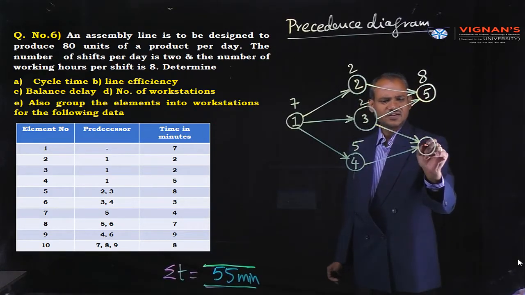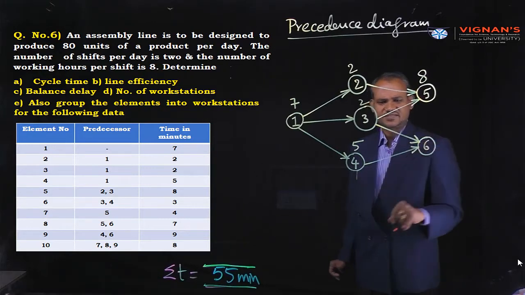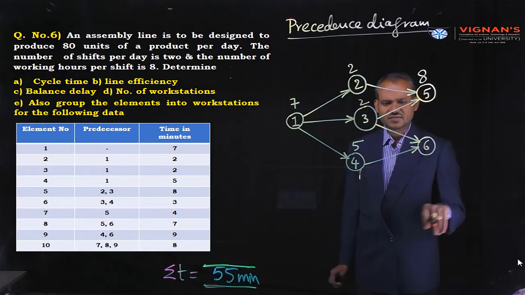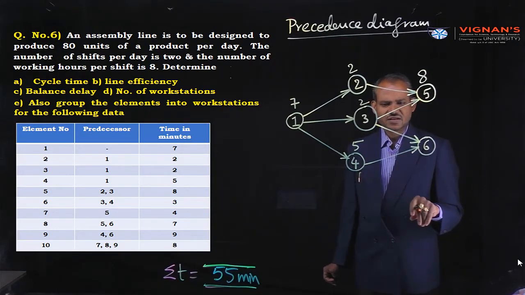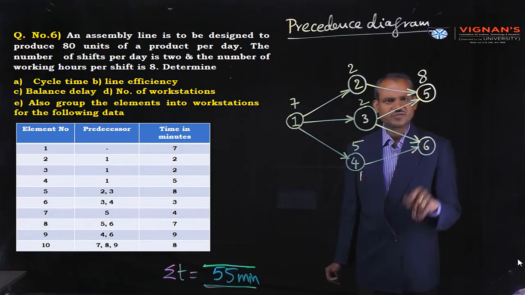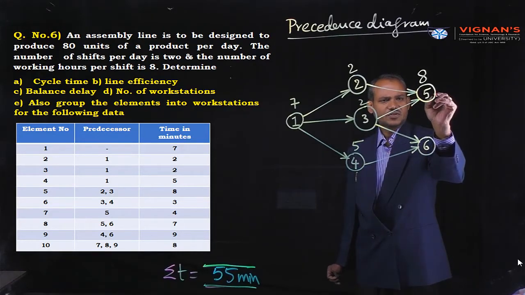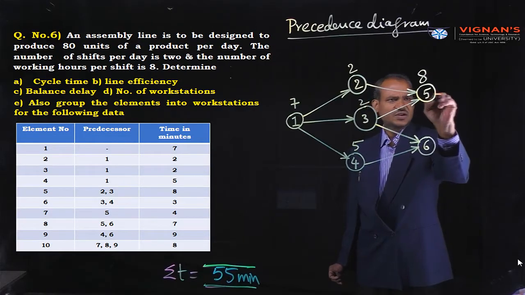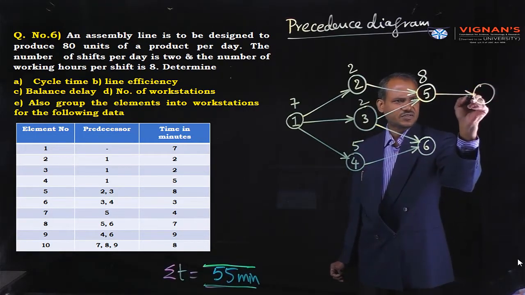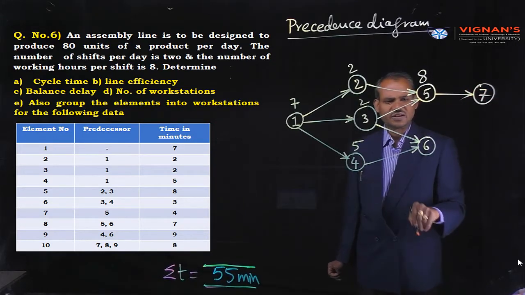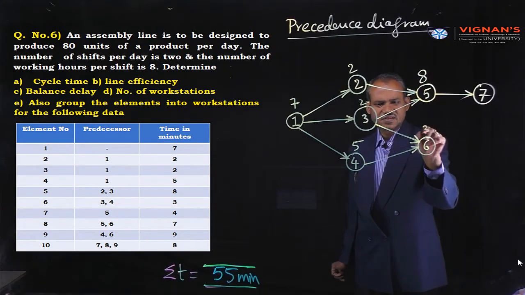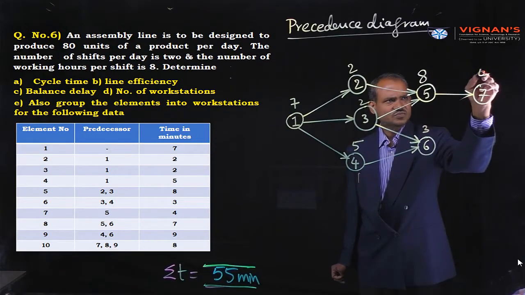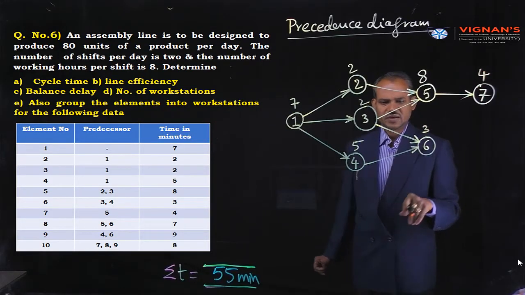This is work element number 6. Next, move to element number 7. For 7, immediate predecessor element is 5. Where is 5? This is 5. After the 5th element is over, immediately we can start the 7th work element. Therefore, this is 7. What is the timing for operation number 6? This is 3. This is 4. Okay.